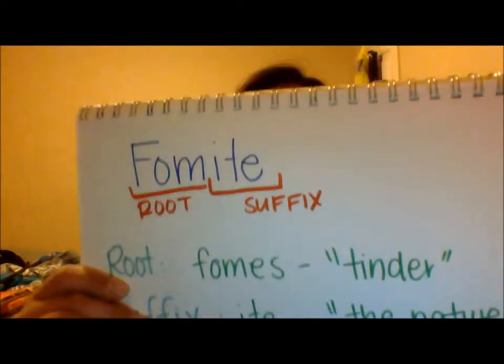And so I was reading a little bit about the first person that wrote about fomites. His idea was that fomes does not necessarily mean tinder specifically, it's any item. So like this pen could be a fomite that carries the infection on it.